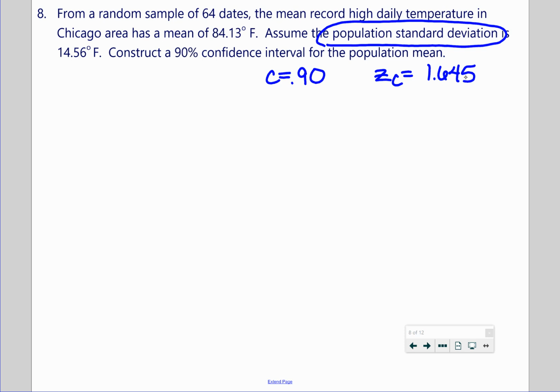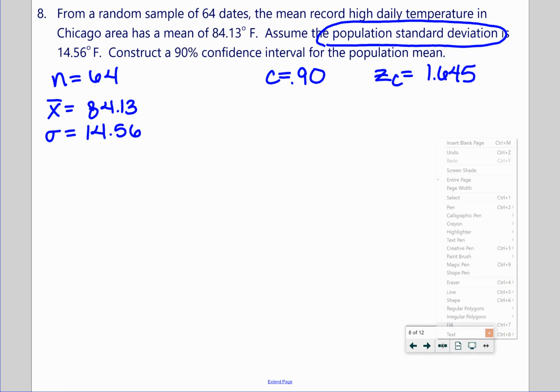What variable is that? Not X on this one. N. And then the sample mean, 84.13. We're going to be estimating the population mean. And then the population standard deviation, 14.56.